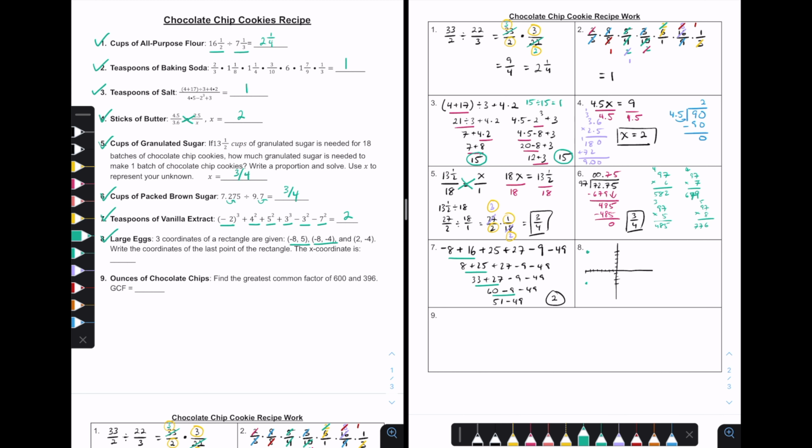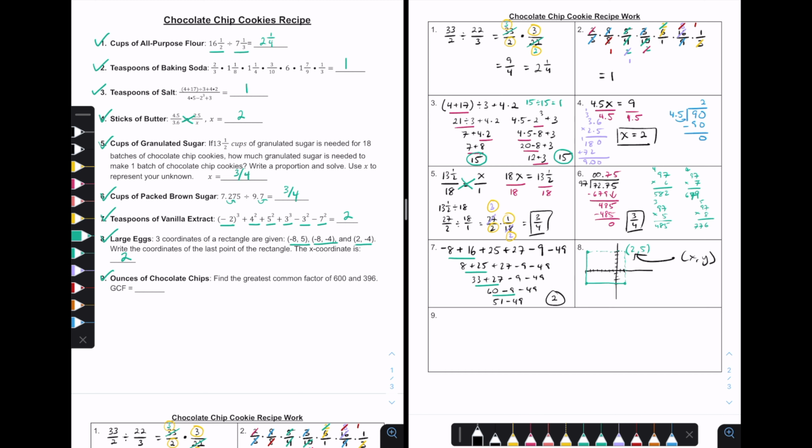Put a dot right here. Then it's 2, -4, so that's 2 to the right, and then 4 down. These look like the 3 vertices, and there's one more that goes somewhere up here. So this dot must be 2, 5. The question asks for the x-coordinate. Remember, it's x, y. So the x-coordinate is going to be 2.